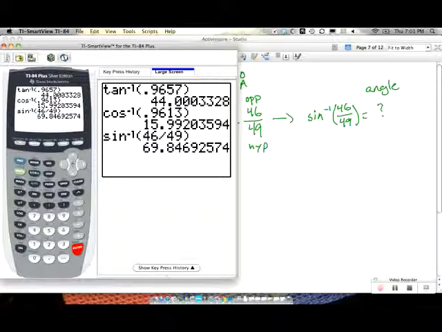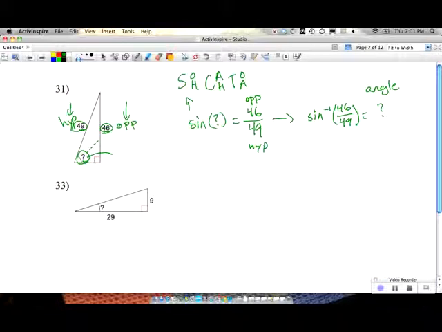Let's change colors again. Let's go back to black. So now we have this angle, this side 29, and then the other side 9. So if I look at two sides, 9 is actually the opposite side. 29 is the adjacent side. So which of the three am I going to use? It looks like tangent.